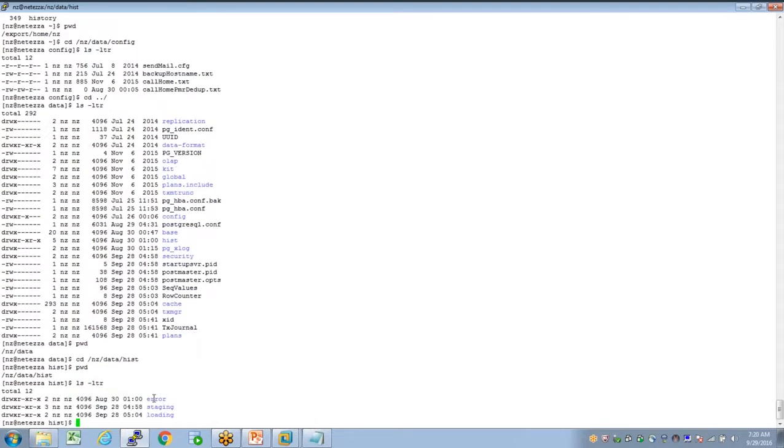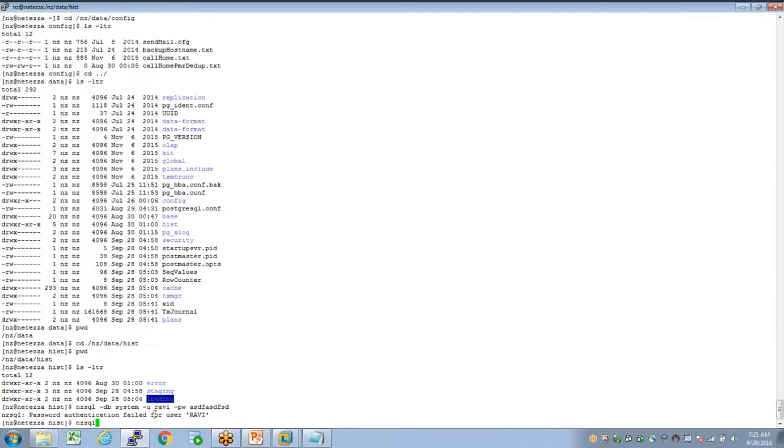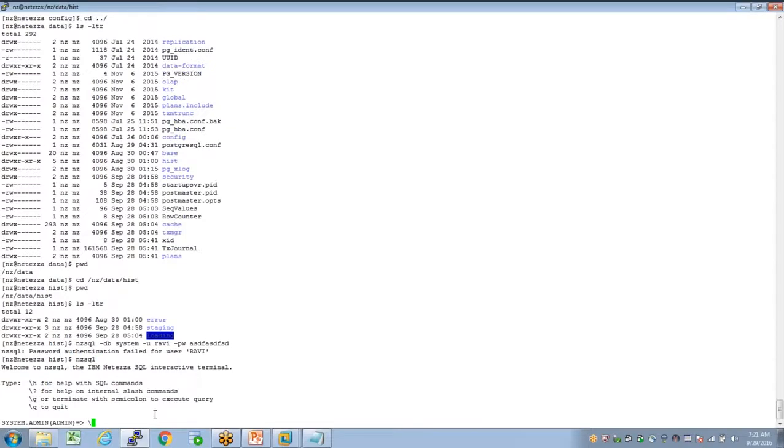We'll create three directories: address, staging, and loading. So the moment I say nzsql -db system -user Ravi -password, it's an authentication failure, right? So this is what I was talking about. It will immediately go and hit in. It has to write that information in.